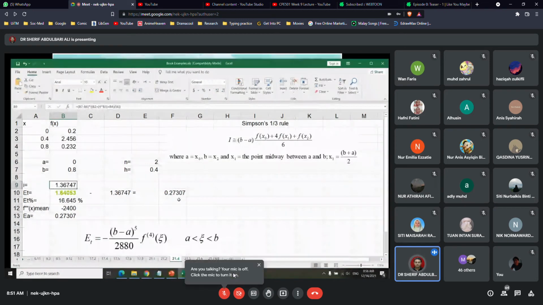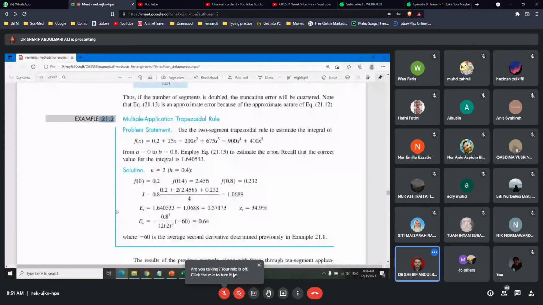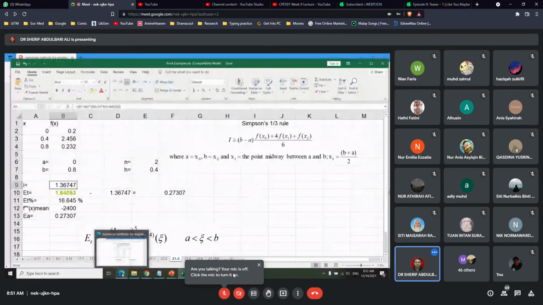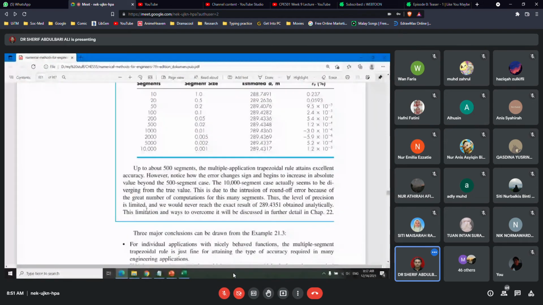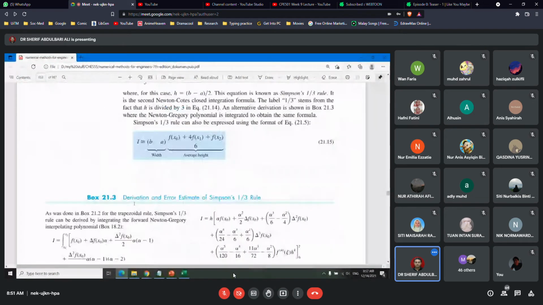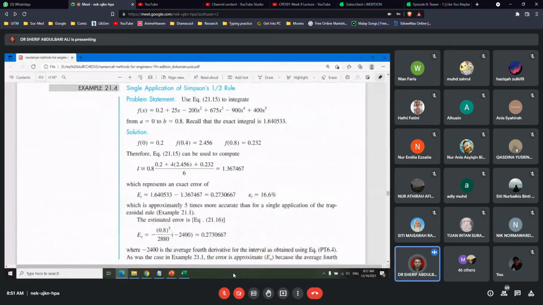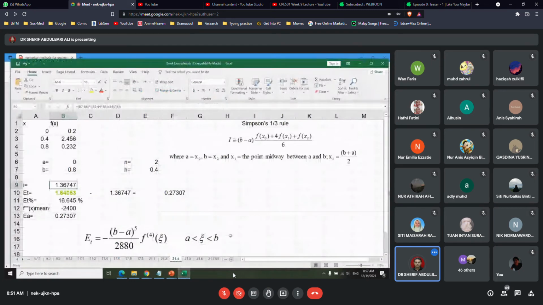And I think this example in your textbook is 21.4. This is the example in the textbook. You'll get the answer of 1.36.